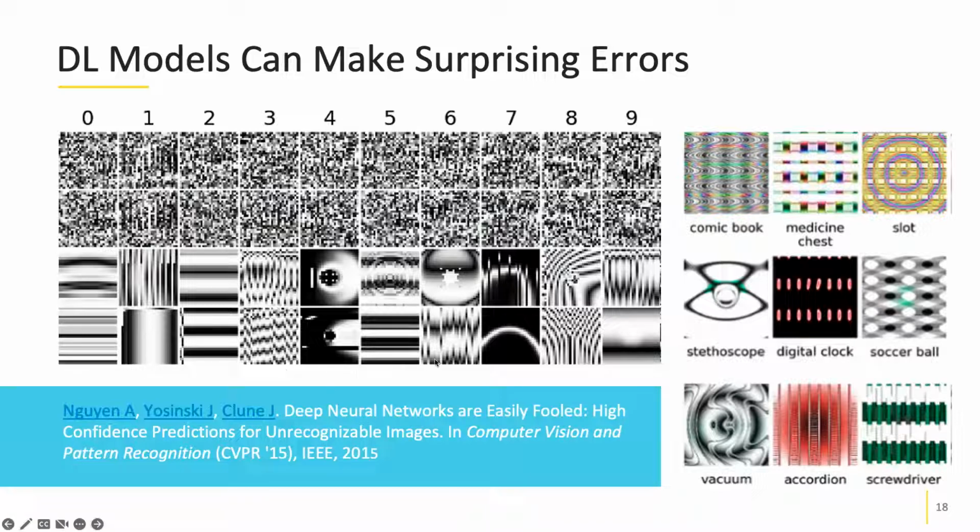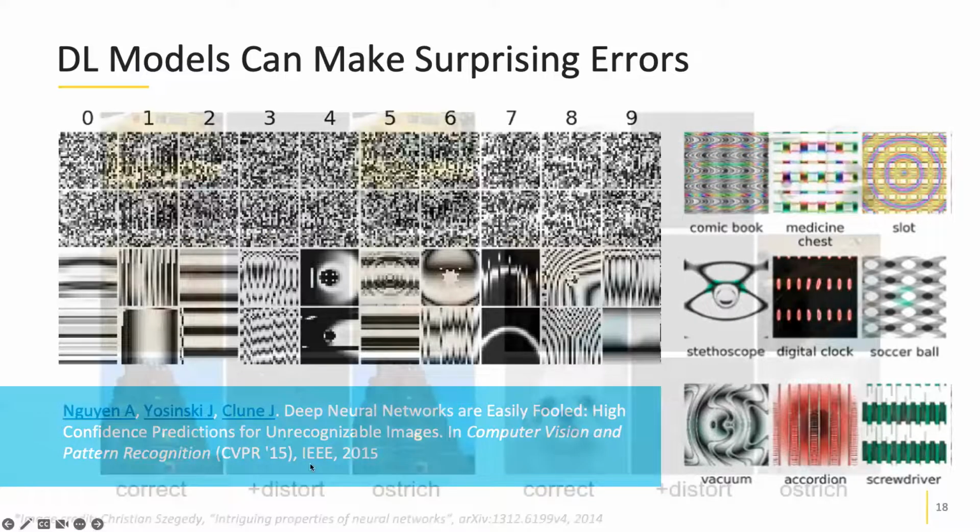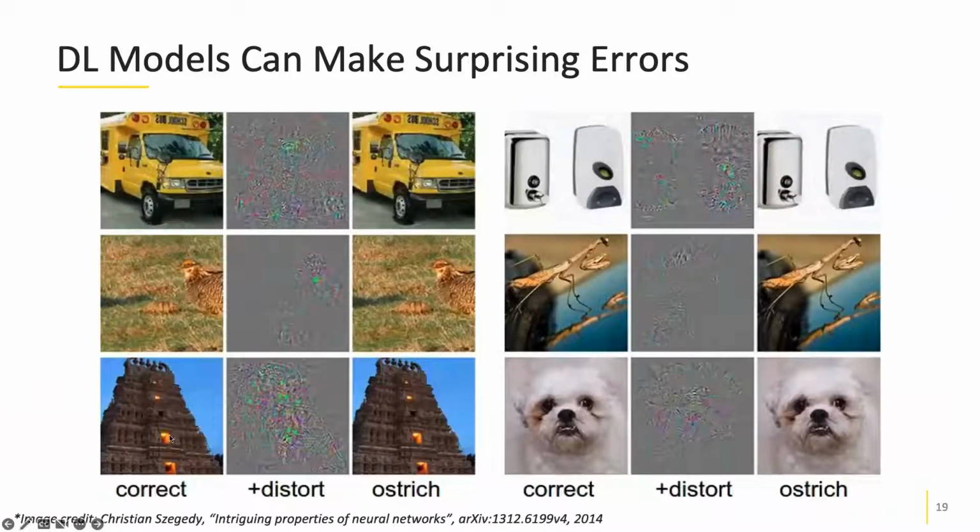Here we give an example of adversarial samples that can be used to fool the trained neural network into making incorrect predictions on the input. This is a more detailed illustration of the attack. On the leftmost column is the clean image.